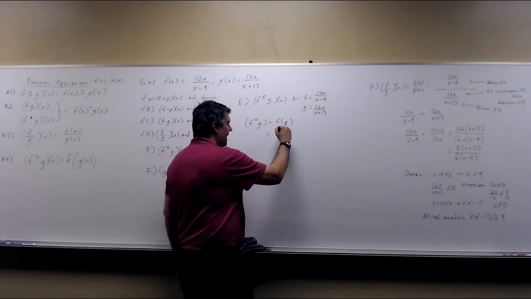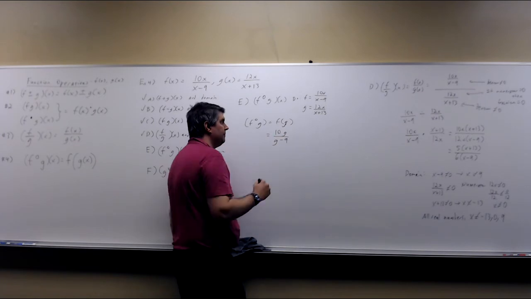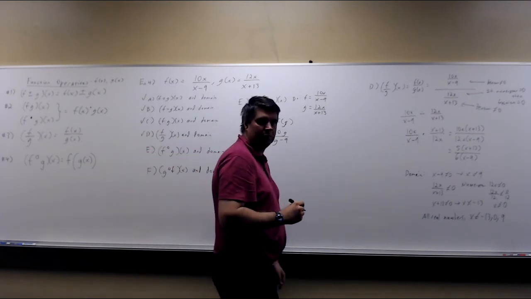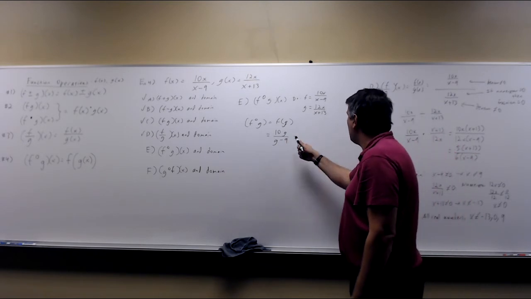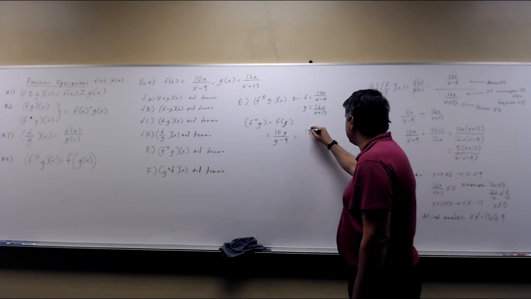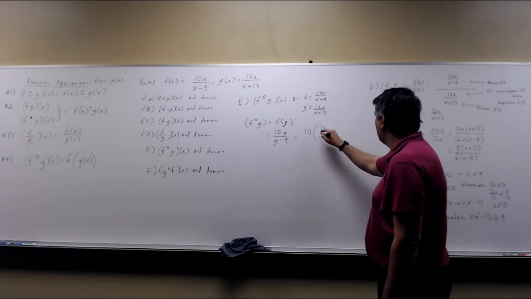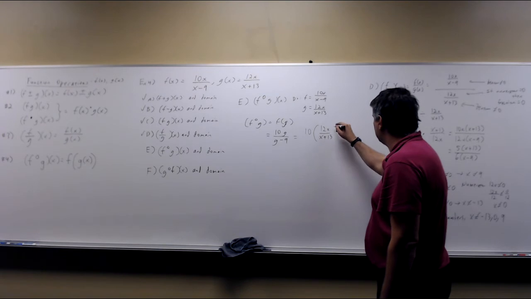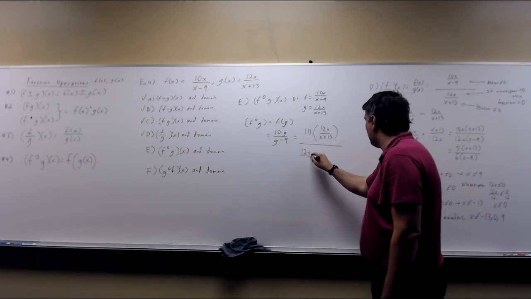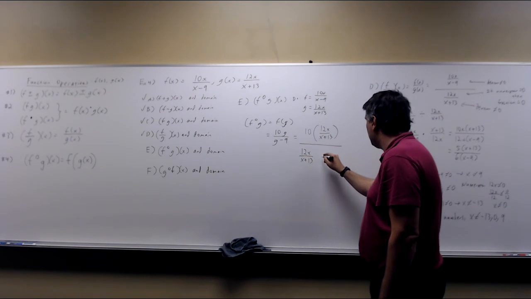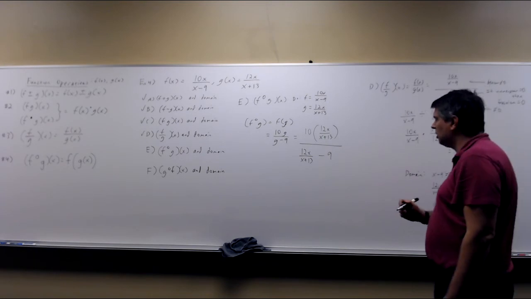So that's going to be 10g over g minus 9. Okay, and then I'm going to replace g with the equivalent value. So that's going to be 10 times 12x over x plus 13 over 12x over x plus 13 minus 9. Okay?